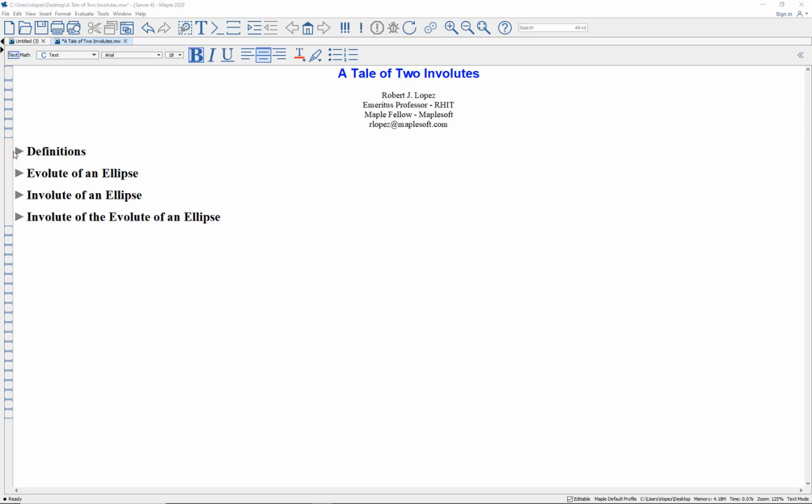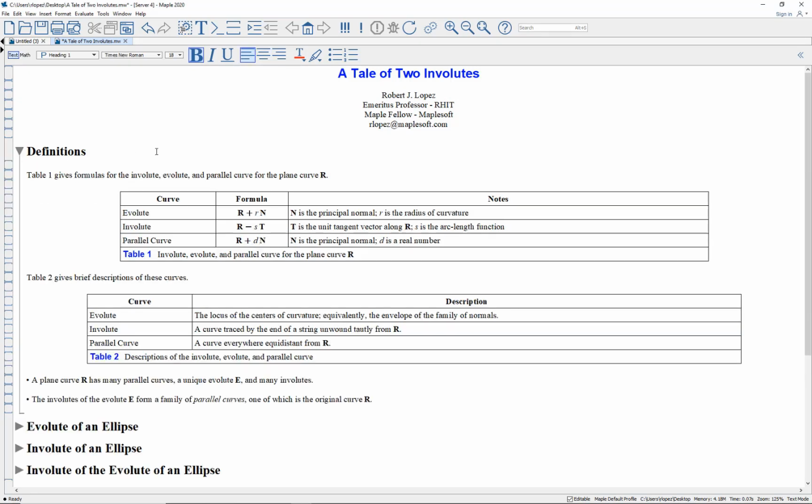Let's start with some definitions so that these words, involute, evolute, etc., are well defined. Evolute. You have a plane curve r. That's its position vector description.